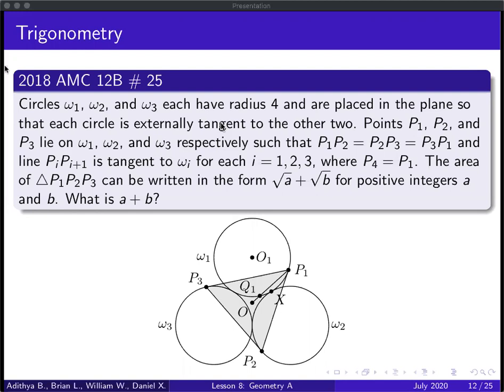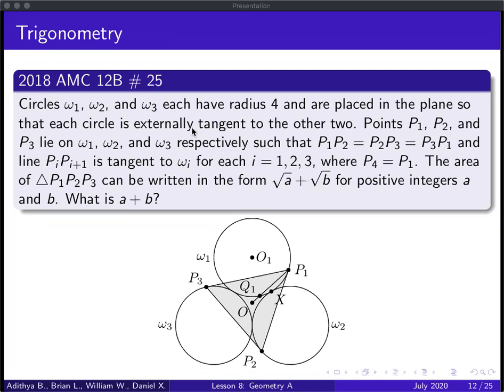And this is because we can try to utilize some symmetry with the equilateral triangle. And so the main idea here is that we know that OP1, P2 is going to be a 30-degree angle because it's 1/2 of the 60-degree angle in the equilateral triangle.